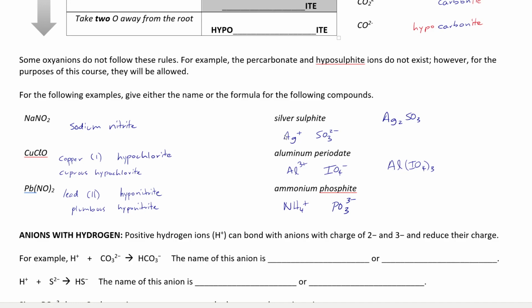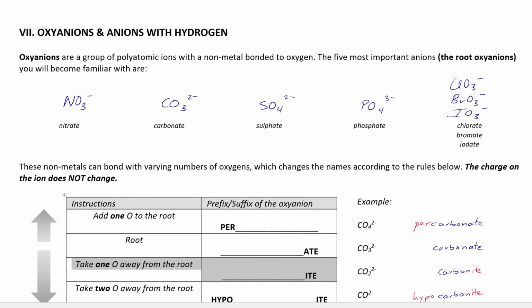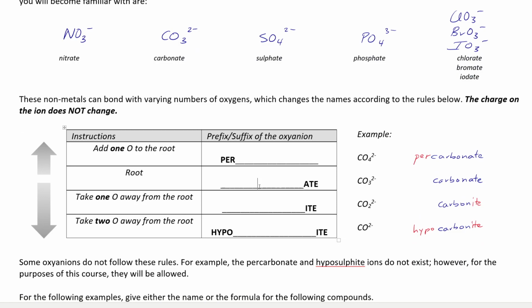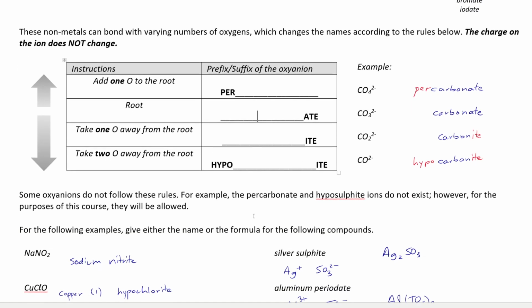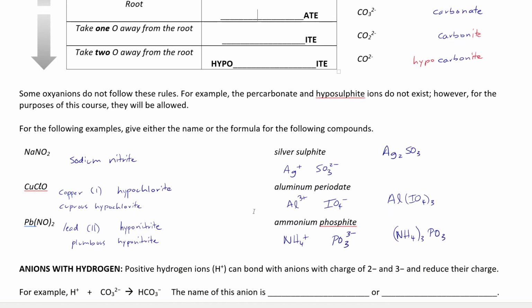So my formula is NH4, bracket 3, PO3. So that covers oxyanions and how we change the name of the oxyanion based on the number of oxygens present.